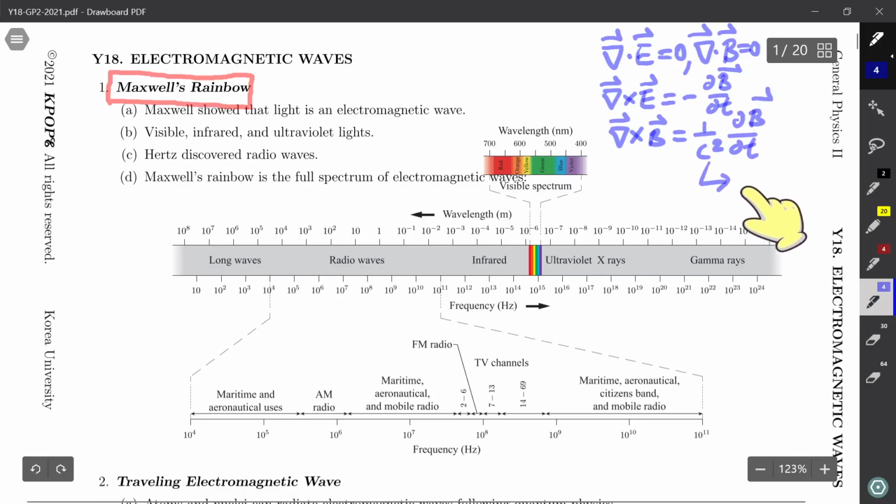Here, this is mu0, epsilon 0. Oh, this is the electric field. This is related to displacement current.